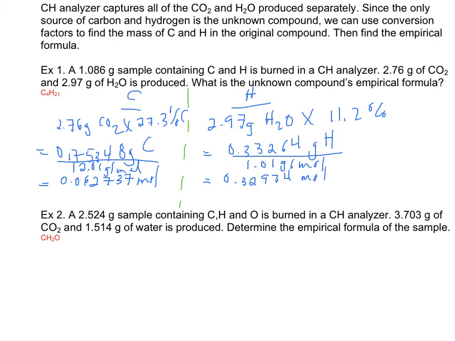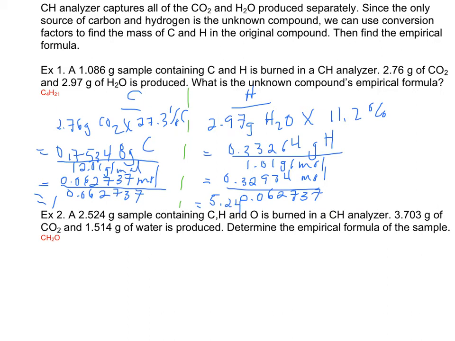Step 3, set up a whole number ratio by dividing by the lowest value. That's going to be the carbon this time. This gives me a 1 to 5.24 ratio.